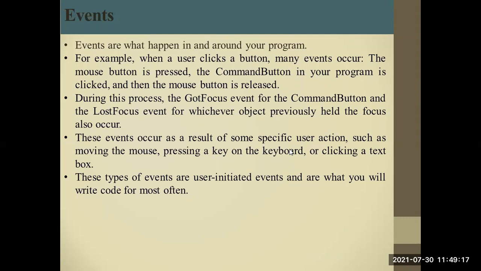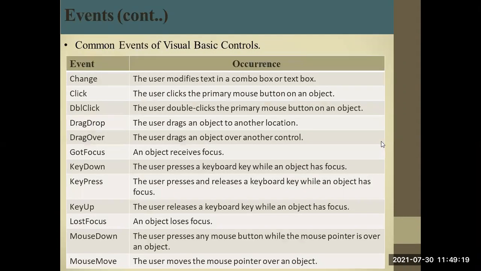Okay, let's move on to the next slide. You can see in this slide there is a table given. These are some common events. This may not be the same for all the controls, but most of the controls will have these events in common.